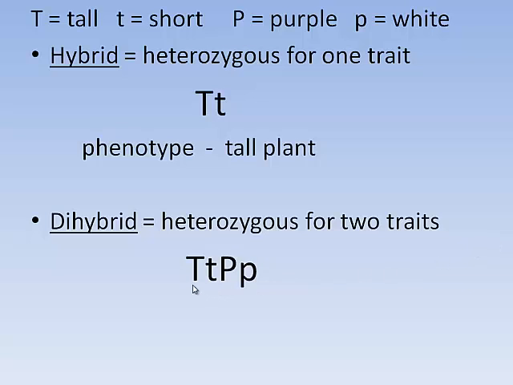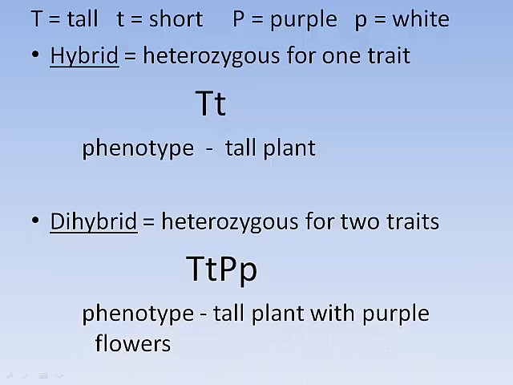We have two alleles for height and two alleles for flower color. We just put them together. So we have a dominant and recessive for height and a dominant and recessive for flower color. So what would the phenotype be for this plant? It would be a tall plant with purple flowers.